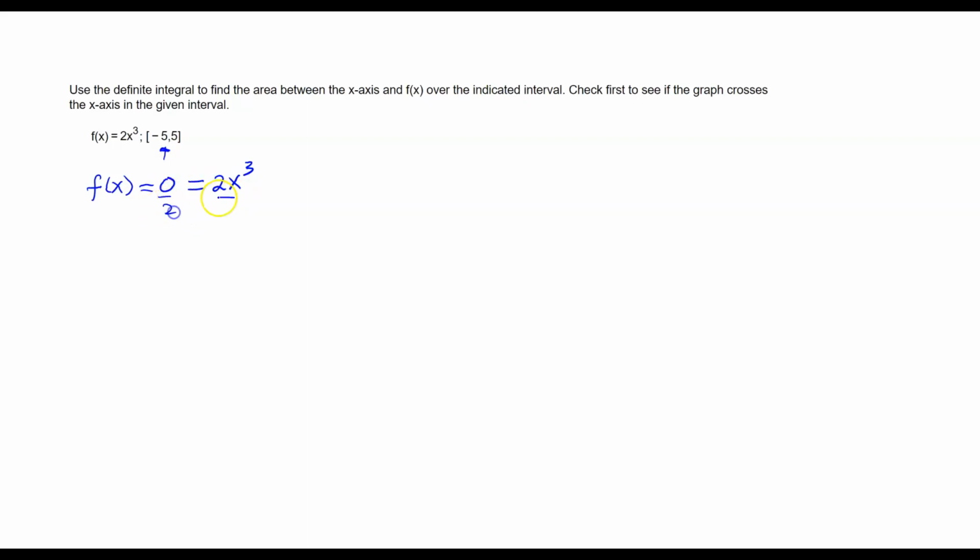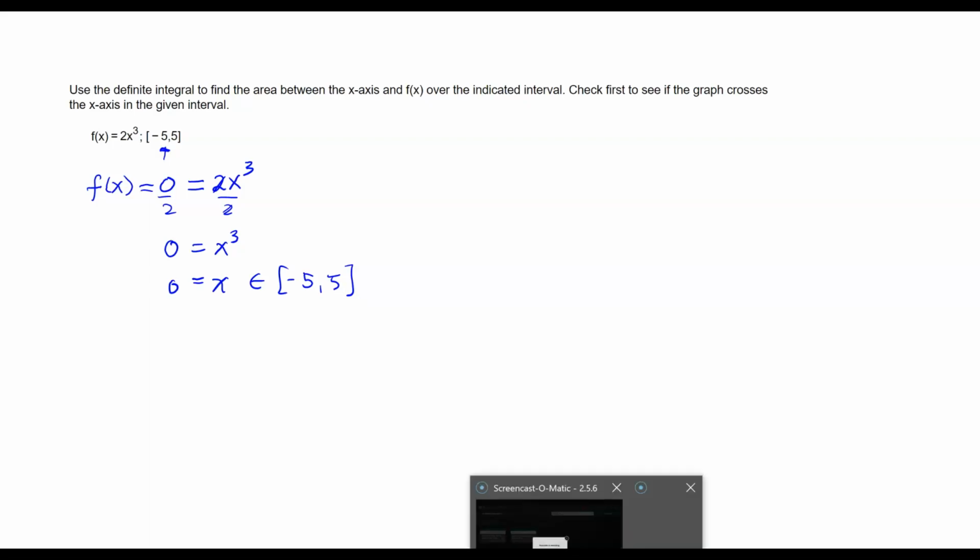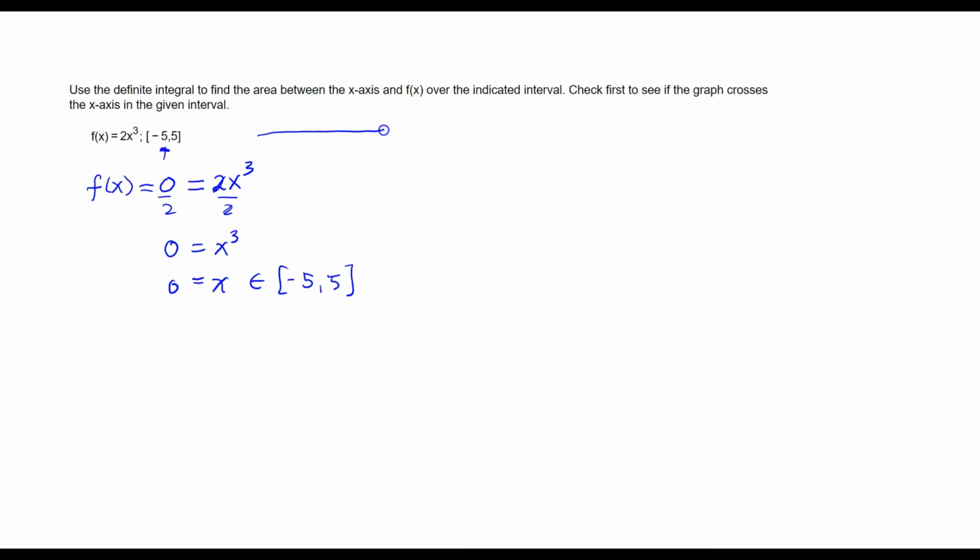If I divide both sides by 2, I have x cubed equals 0, and this can only be 0 when x is 0. And 0 is actually on the closed interval, negative 5 to 5. So because of that, when we integrate this, to make it a lot easier, after you get the intersection at the x-axis, you just have to split the interval.